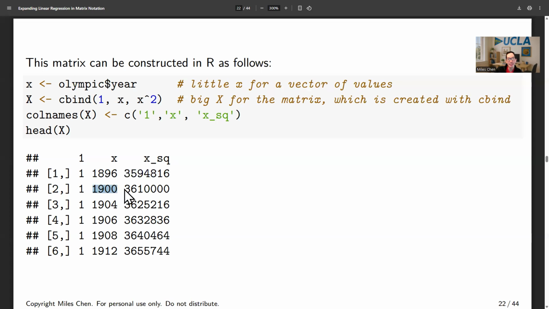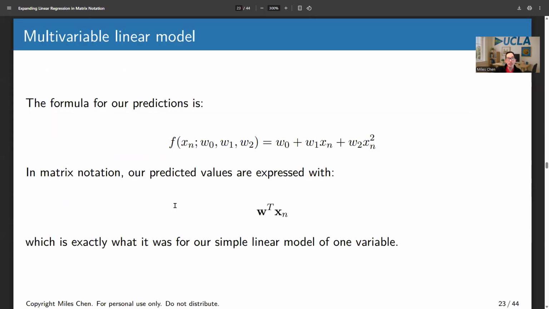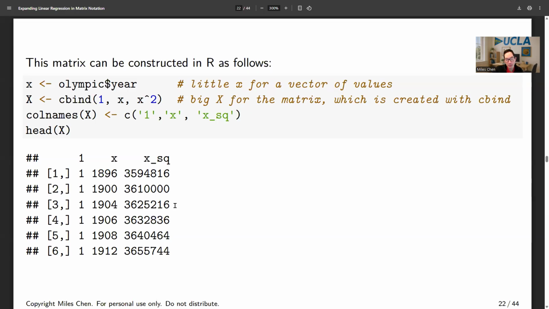Here we have 1900, and we get 3,610,000 or something like that. It's kind of a little bit weird, but again, x is the year, and then we have x squared, and we want to see if we can fit a model here.